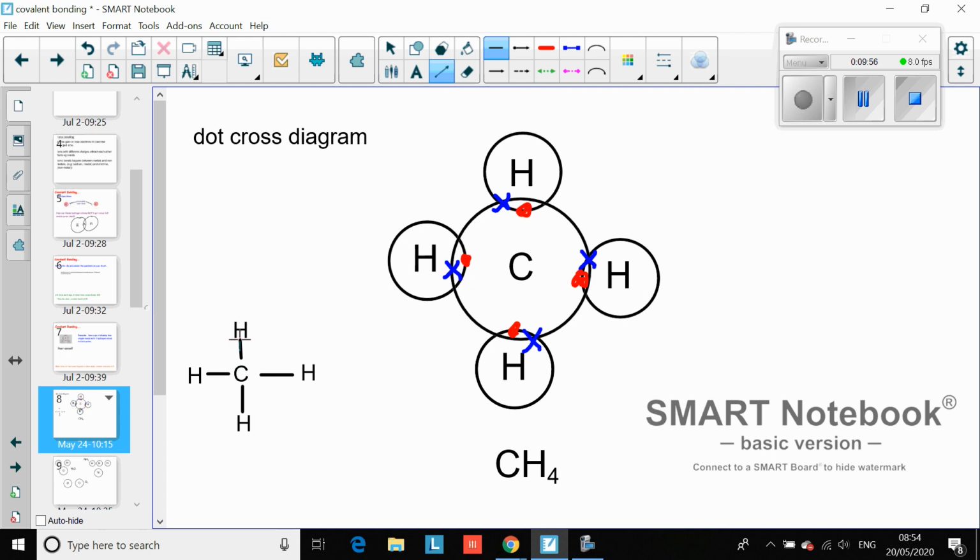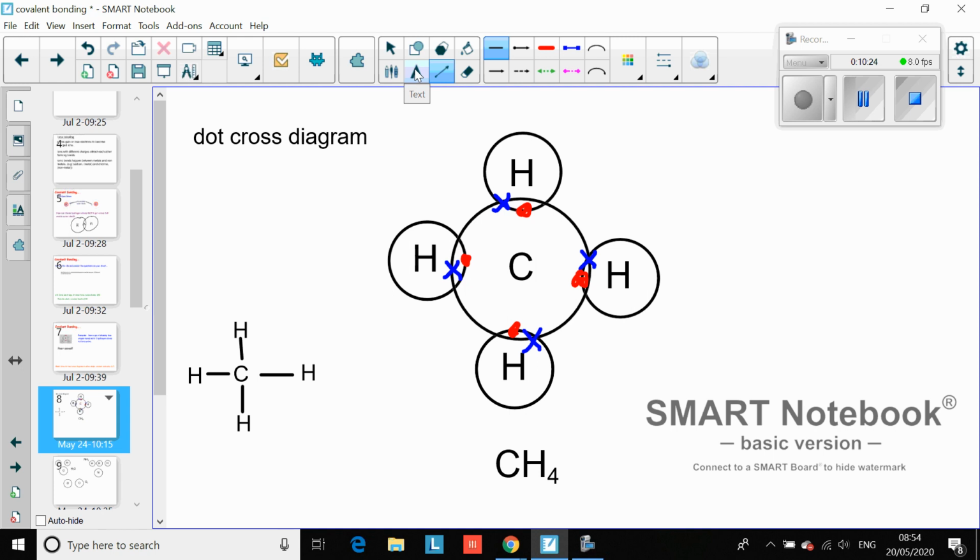Now, there was one other thing I wanted you to notice. How many electrons are involved in, say, one bond? Okay, the answer is, of course, 2. So you need a pair of electrons to make one bond. So a pair of electrons makes one bond.